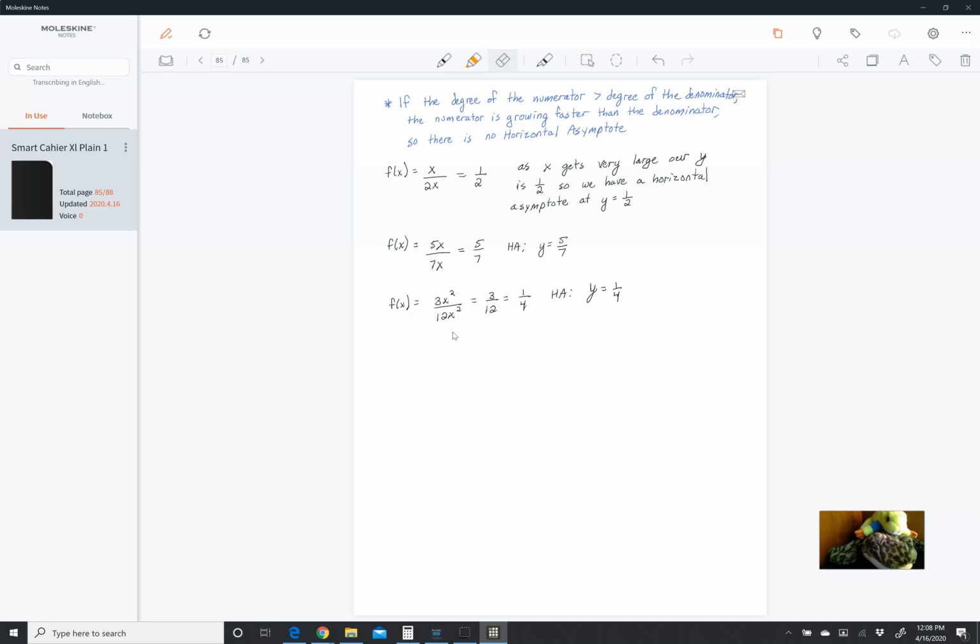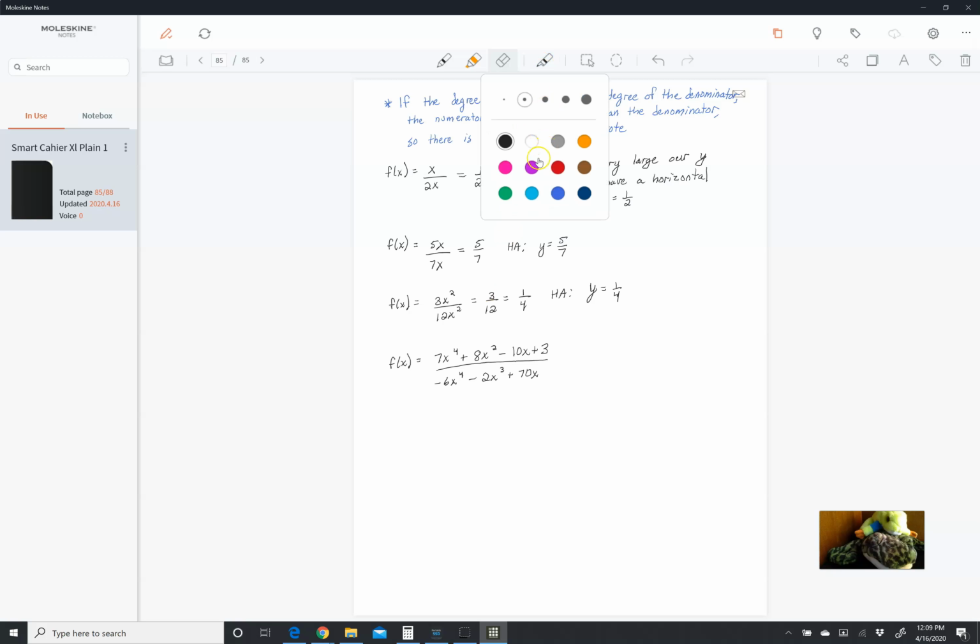And if we look at it where we have other terms, let's say that we have 7x to the 4th plus 8x squared minus 10x plus 3 over negative 6x to the 4th minus 2x cubed plus 70x. Okay, notice what happens again.